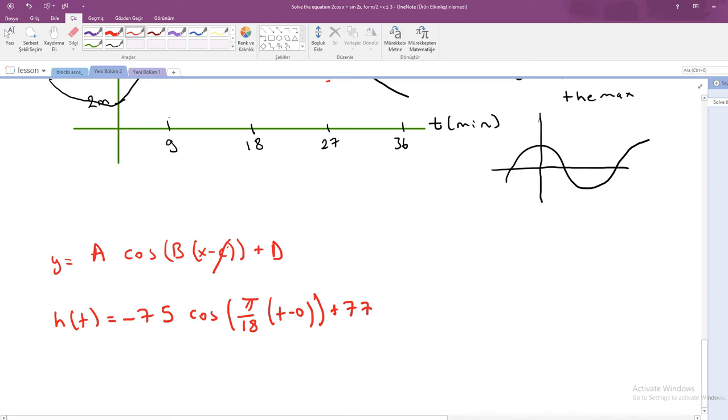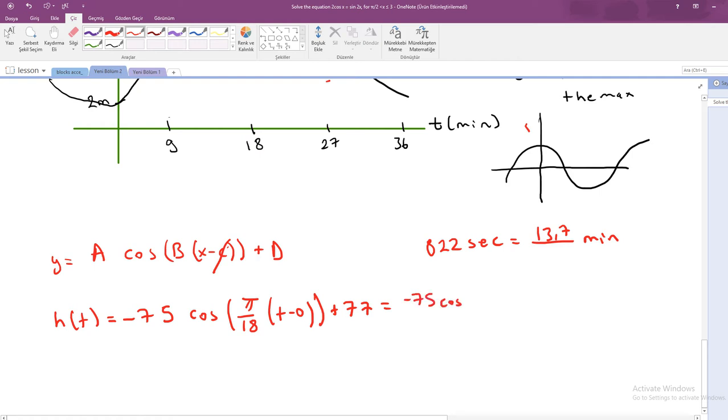Let's write it here. 822 seconds equals how many minutes? Easy peasy. We will just divide it by 60. 822 seconds divided by 60 is 13.7. And if we put 13.7 in here, we will get the answer.